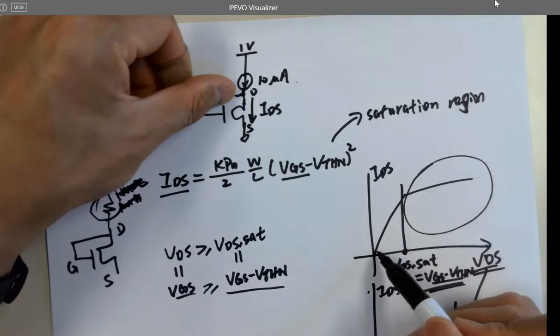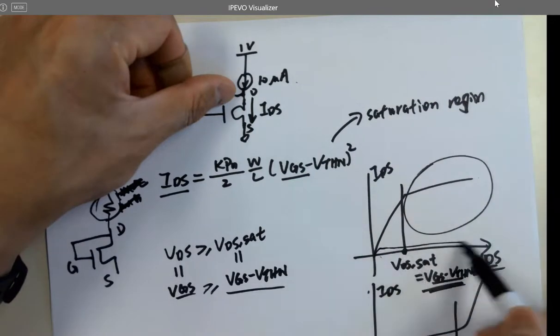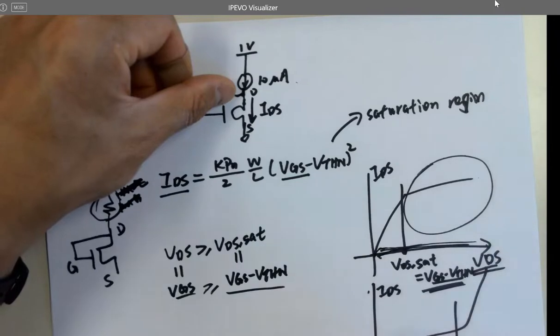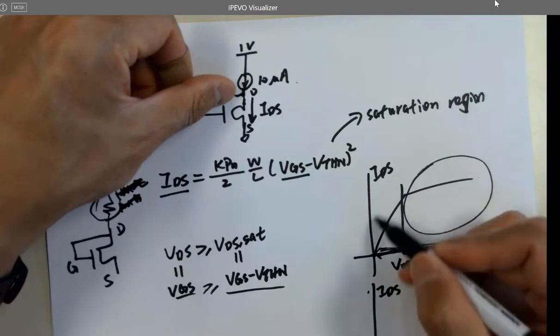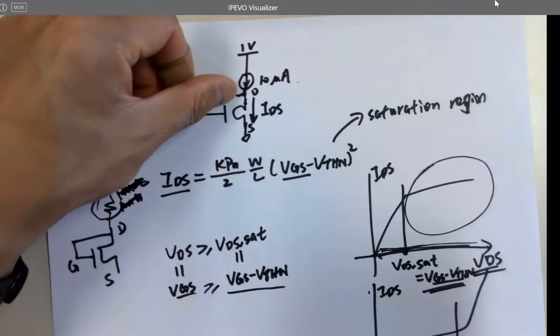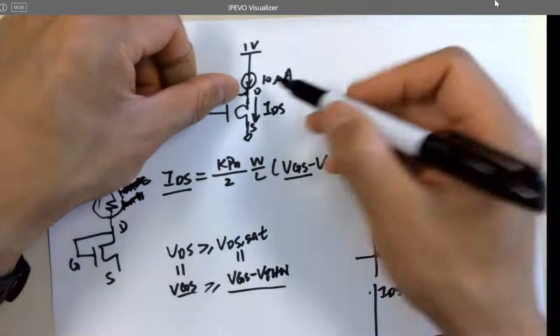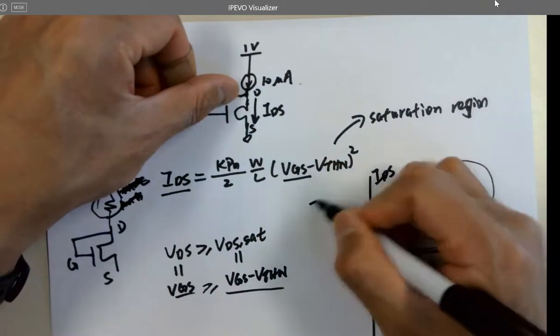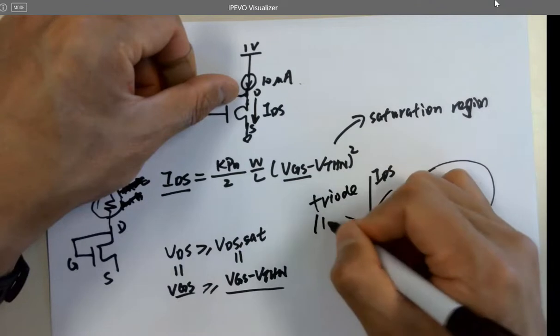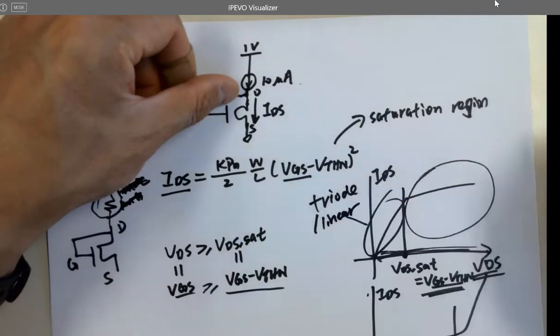In cutoff it's usually just maybe picoamps or something, and in the triode region it can be in the microamp range. So actually you couldn't tell. This is the triode region, or linear region.